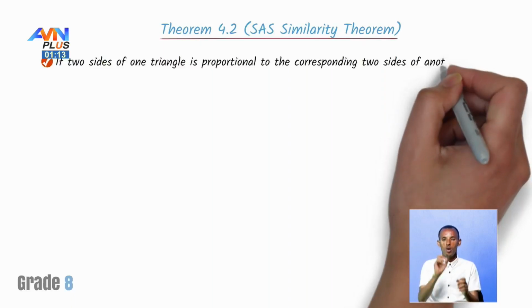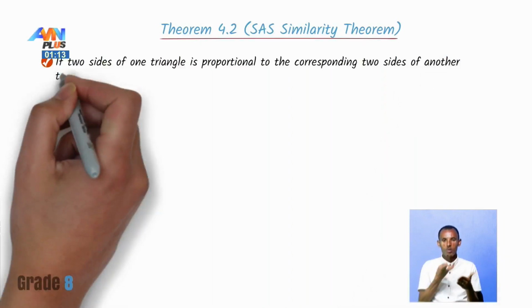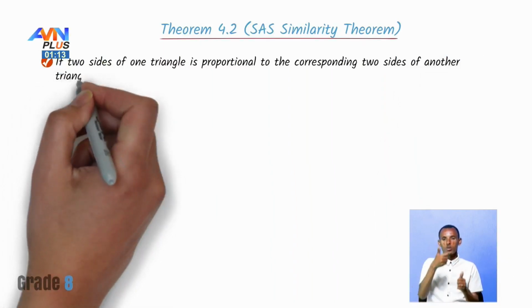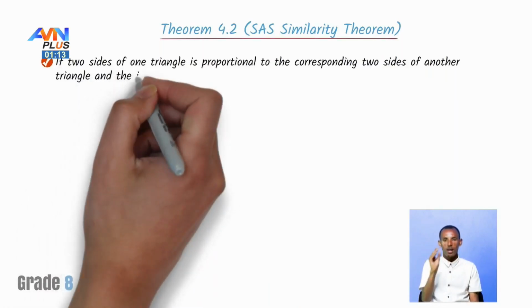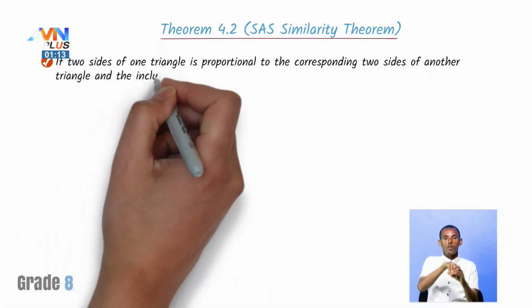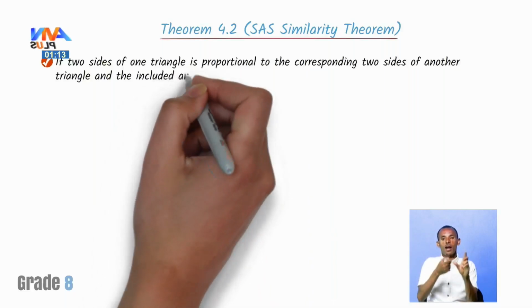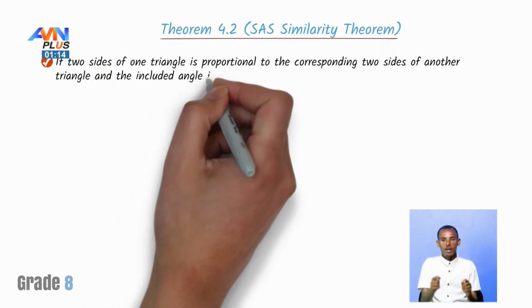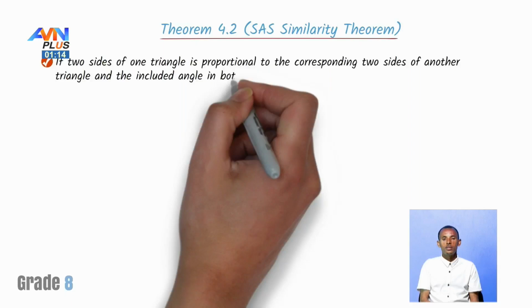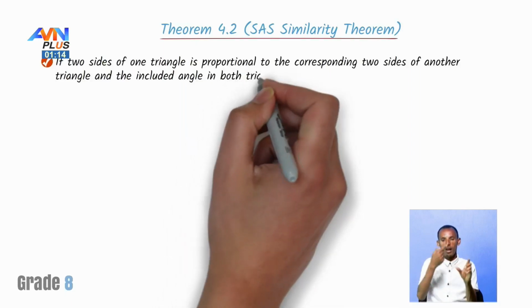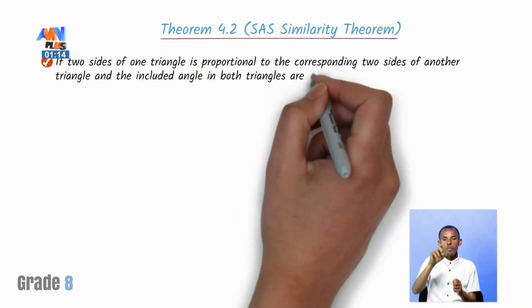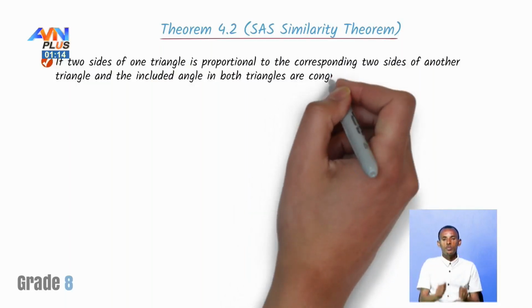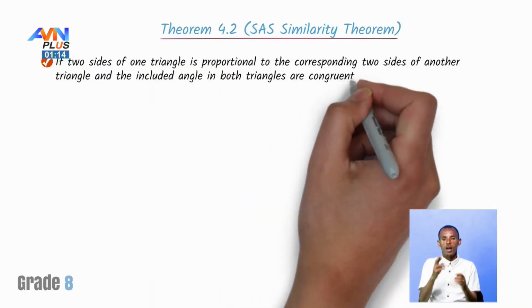Okay, this is one thing. We need to have two sides which are proportional to two sides of the other triangle, and the included angle in both triangles must be congruent.